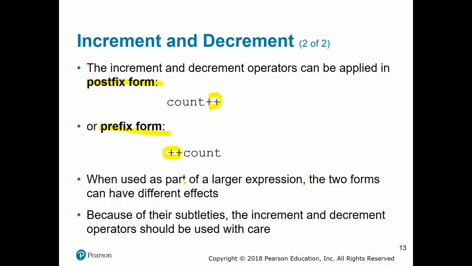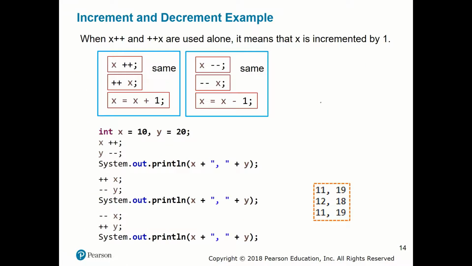When used as part of a larger expression, the two forms can have different effects. Because of their subtleties, the increment and decrement operators should be used with care. We will see some examples about this. I will explain the difference between postfix form and prefix form.